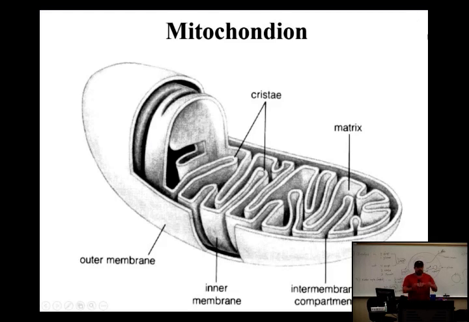Alright, so to understand the electron transport chain and how this works, you have to understand how the mitochondria is laid out. So remember, we have our cell, this is the cytoplasm, and the mitochondria, we have an outer membrane, and we have an inner membrane, and then what's the center part called?